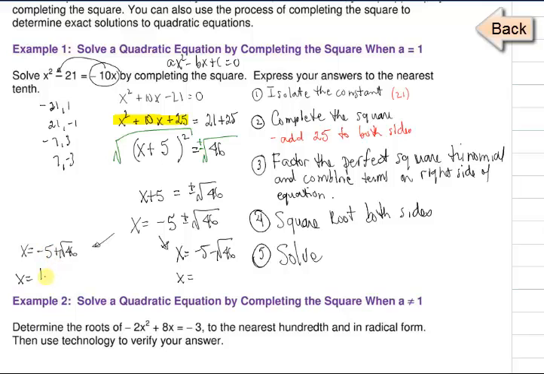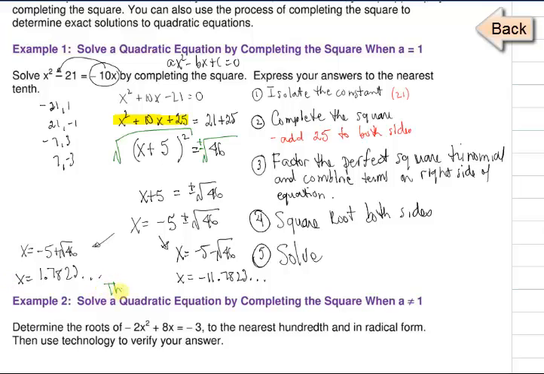what negative 5 plus the square root of 46 is, and you get 1.7823, and so on. And then negative 5 minus the square root of 46 is negative 11.7823. Okay, now we do want to work this out to the nearest tenth.